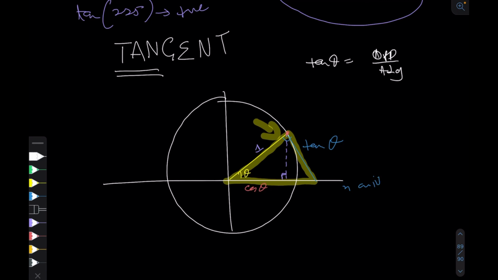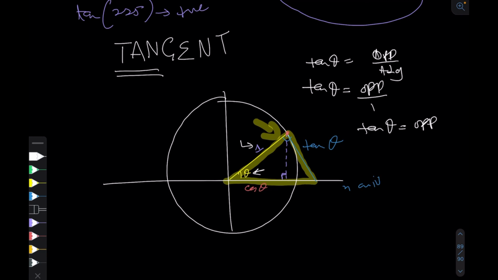So if I concentrate on this triangle and keep in mind this is theta, then I realize that opposite, I know what opposite is. The adjacent has a constant value 1. So tan theta is opposite divided by 1. 1 is just a useless number here. So tan theta is opposite, right?